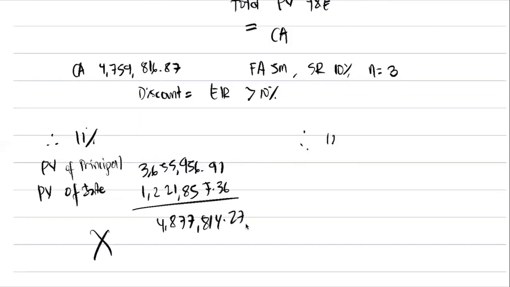We try 12%. So let's compute for PV of principal and then PV of interest.